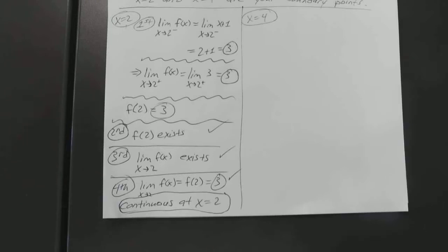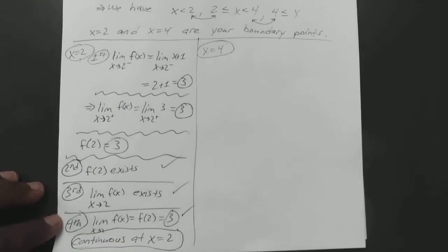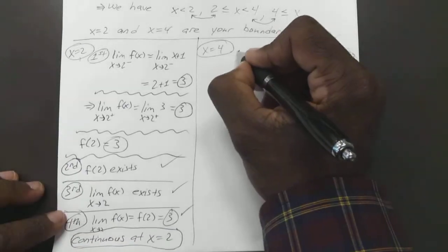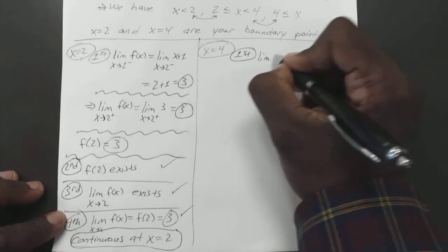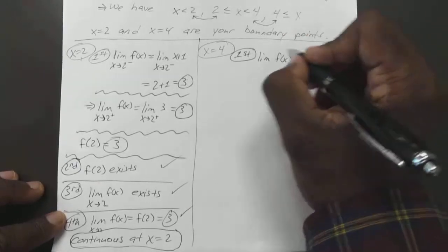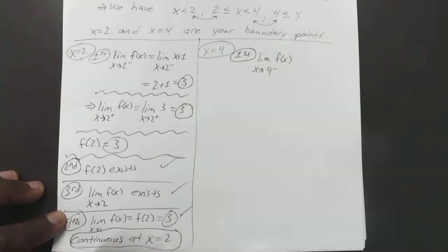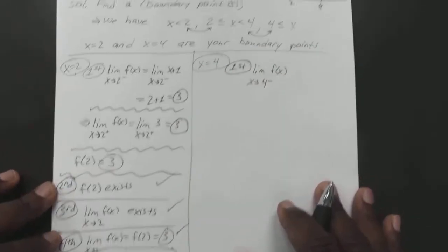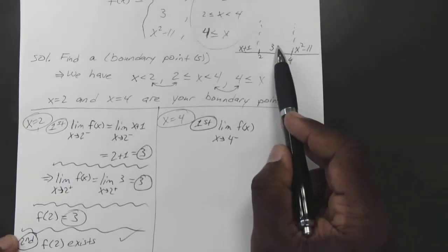Okay. So now we'll do the exact same thing for x equals 4. So our first step, we find the limit of f of x as x approaches 4 from the left. You see here, as you're approaching 4 from the left, your f of x is 3.